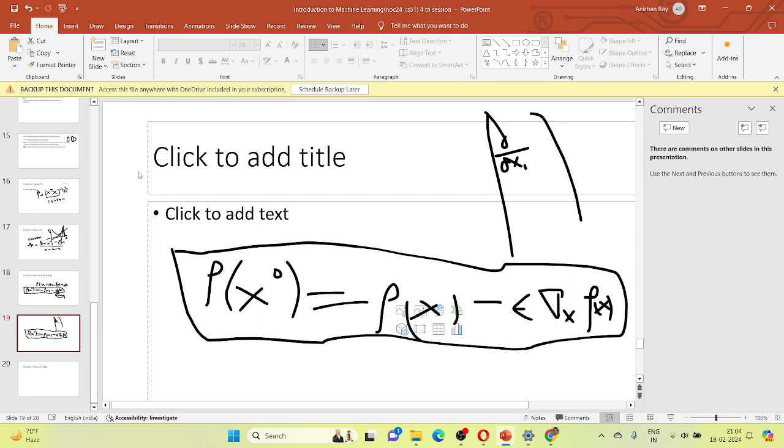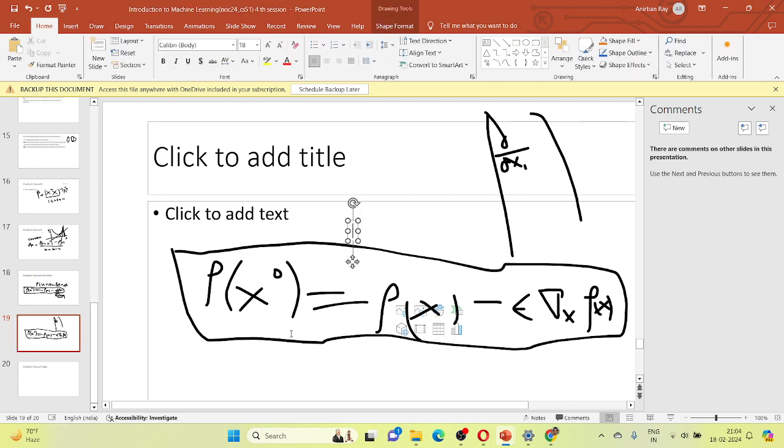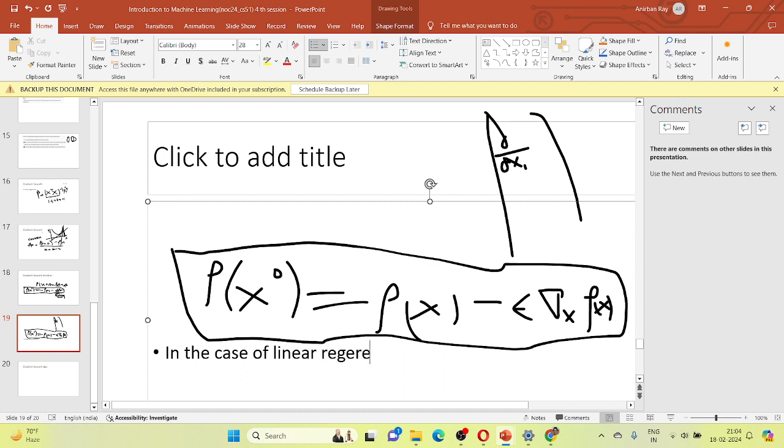In the case of linear regression, f(x) is the squared error function.